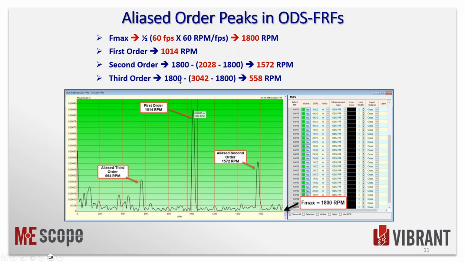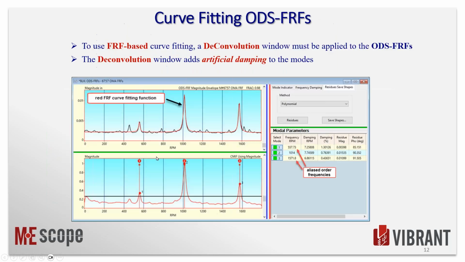The third order, 3000 minus 1800, and then subtract that from 1800 because the aliasing causes the peaks to wrap around 1800, and that shows up at 558. The calculation says 558. Well, it's actually at 564. Pretty close. That's within one delta F. If we go through more of the math, we can look at that.